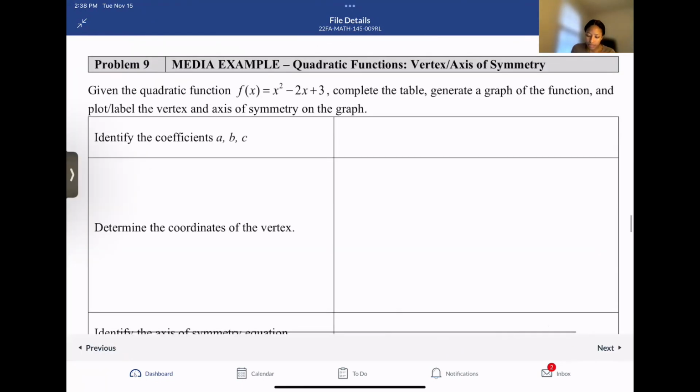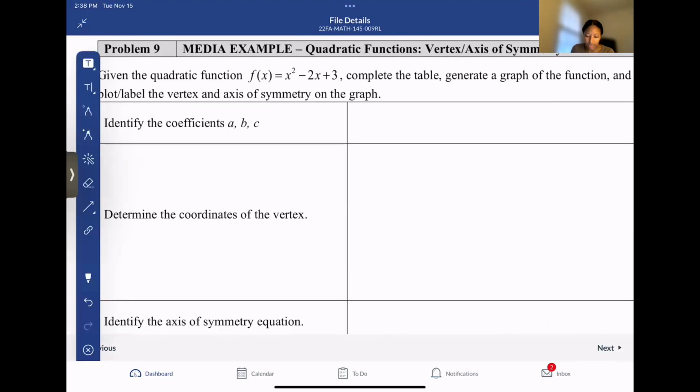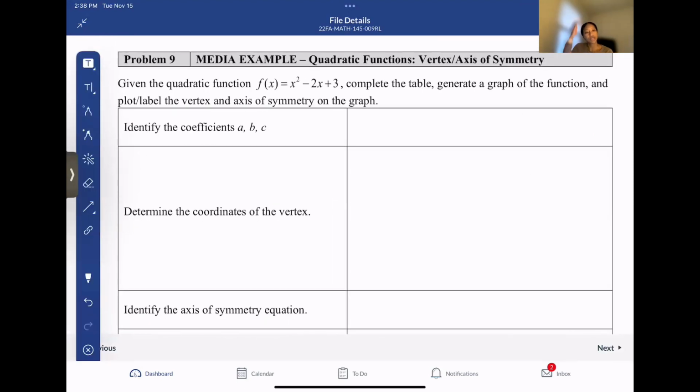Media example number 9. We have the quadratic function x squared minus 2x plus 3. A in this case is 1, B is -2, C is 3. The coordinates of the vertex would be x equals -b over 2a.